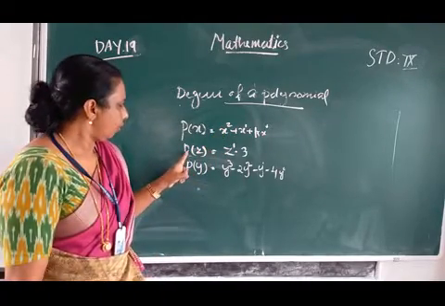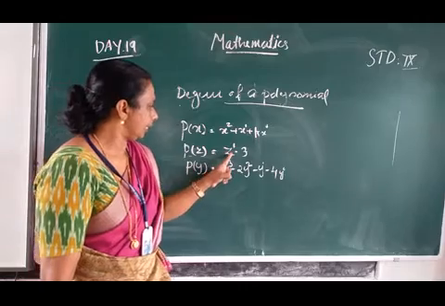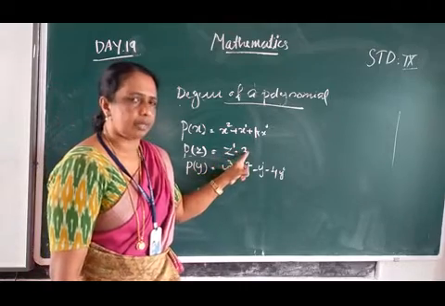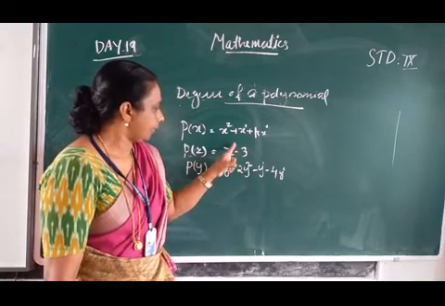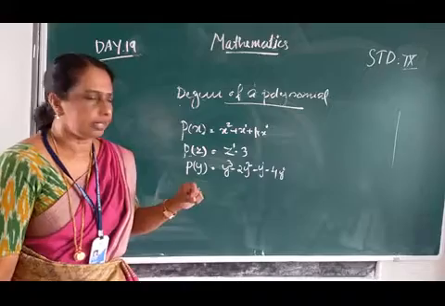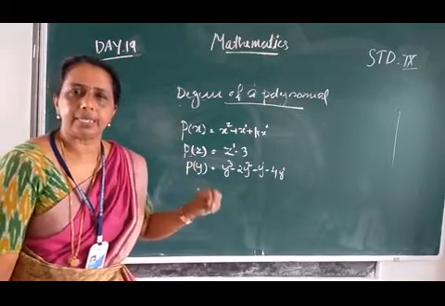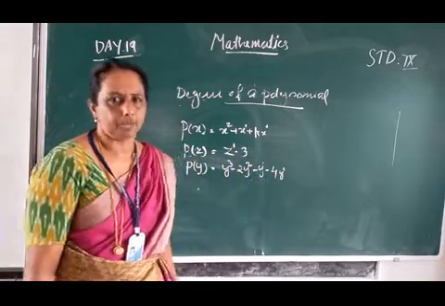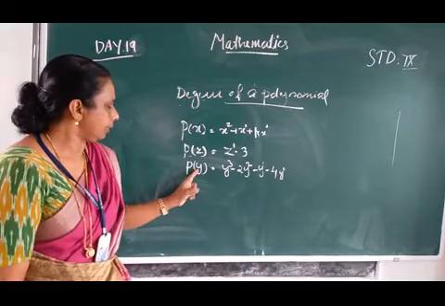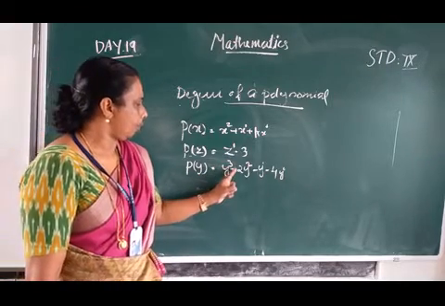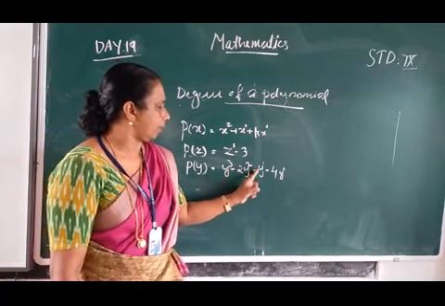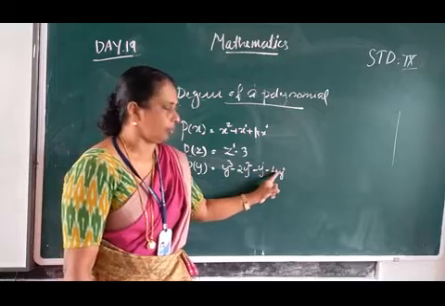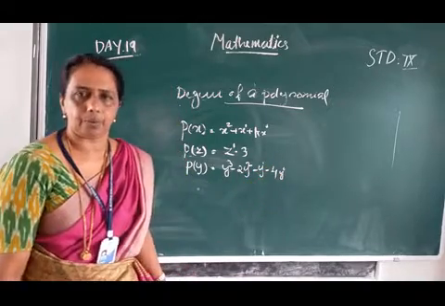This one, p of z is equal to z raised to 1 minus 3. That is, the highest power of the variable is 1. Therefore, this one is a first degree polynomial. The degree of the polynomial is 1. Then p of y is equal to y cube minus 2y square minus y minus 4y raised to 0.